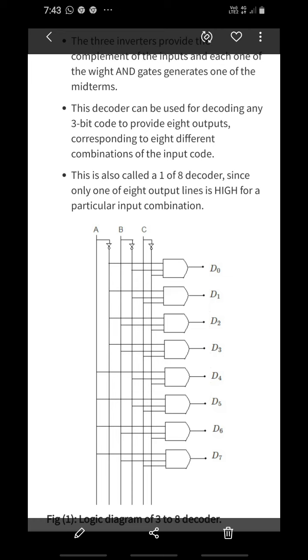Next D5 is equal to A, B bar, C, and D6 is equal to A, B, C bar, and D7 is equal to A, B, C. So this is the logic diagram of the 3 to 8 decoder.